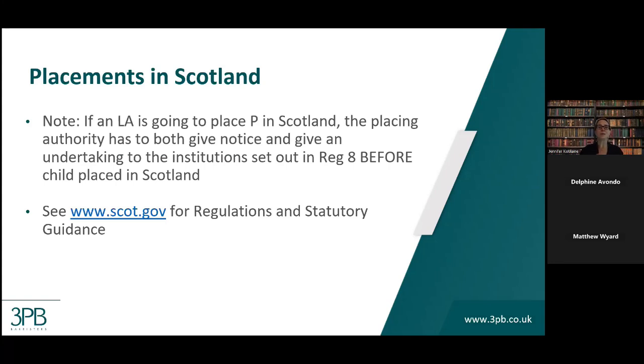If a local authority is going to place a child or a person, P, in Scotland, the placing authority has to give notice and give an undertaking to fund that placement to the institutions set out in the regulations before the child is placed in Scotland. So please be aware of the regulations and their requirements before you move a child to Scotland. It's very easy to find the regulations. They're on the Scottish Government website.